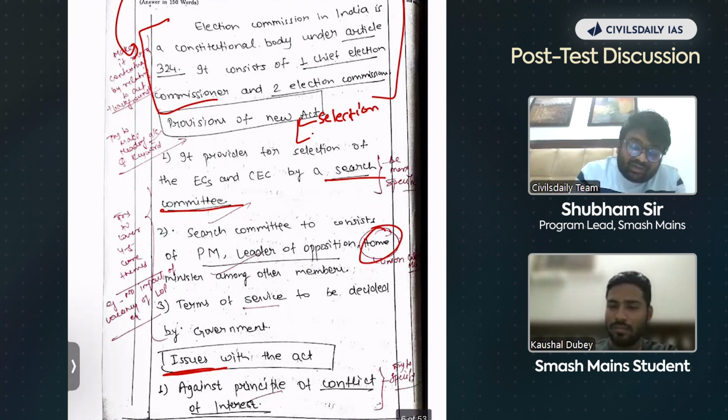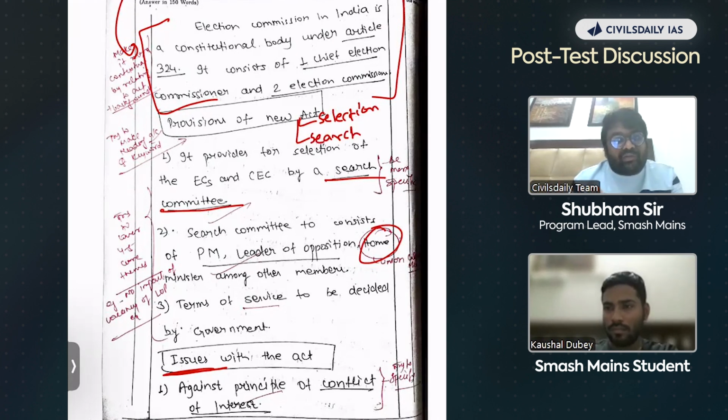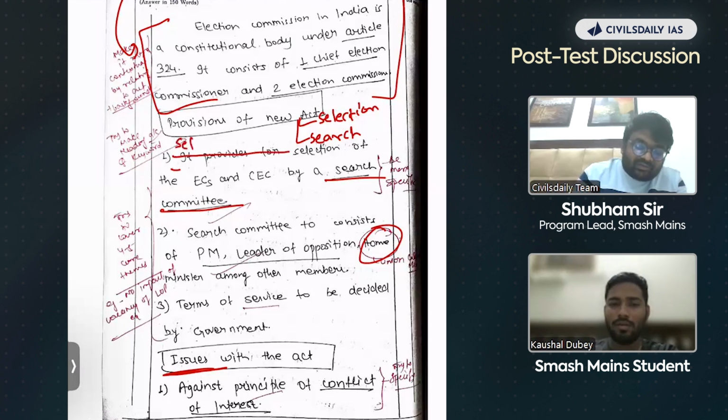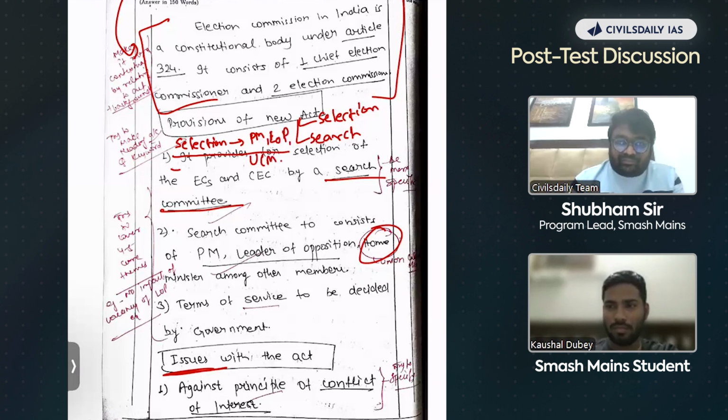Okay, and second is the search committee, which will identify the eligible candidates, and it will involve the Cabinet Secretary. Right. Okay, that you have missed. So here also, rather than writing this, "it provides for" is not needed, not required, right? Selection committee: PM, the leader of opposition, and Union Cabinet Minister. That's it. Okay, or if you want, a collegium of these three. That's it.